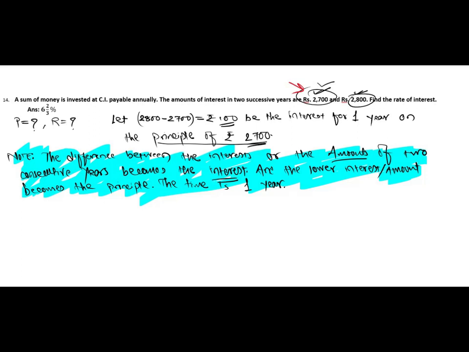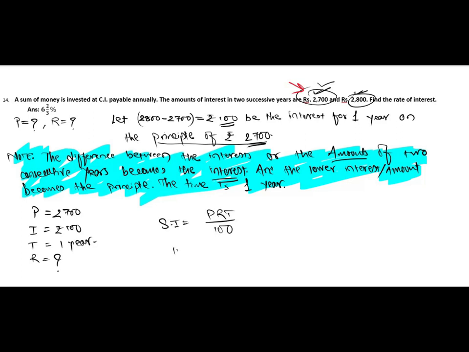Okay, so let's solve the question. The principal now is rupees 2700. The interest now is rupees 100. The time now is 1 year, and we have to find the rate. It's very easy. We'll use the formula for simple interest, which is PRT upon 100.